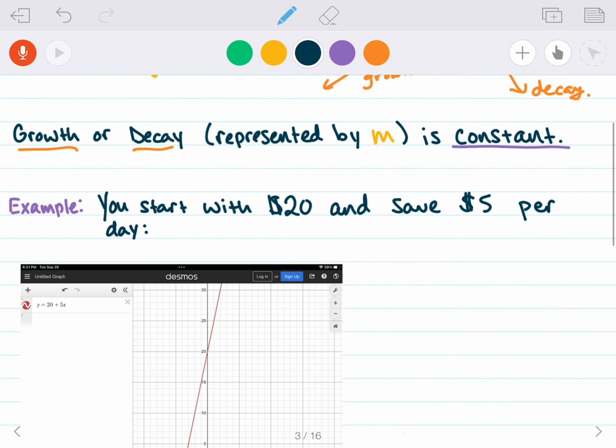And we can model situations with linear equations. Consider the following. If we start with $20 and save $5 per day, that's a linear situation. Why is this a linear situation?